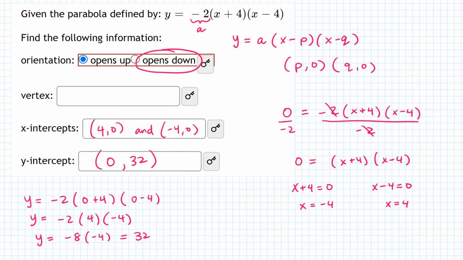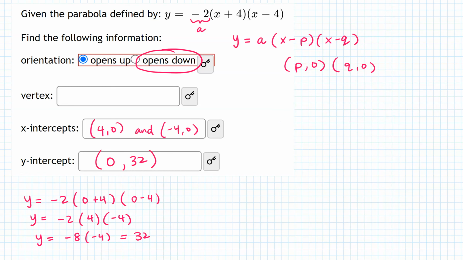Now lastly, we can find the vertex. So I'm going to do some erasing here. If I were to sketch a very quick graph of this, we know that it's opening downwards, and we know that there is an x-intercept at (-4, 0), and there's one at (4, 0).